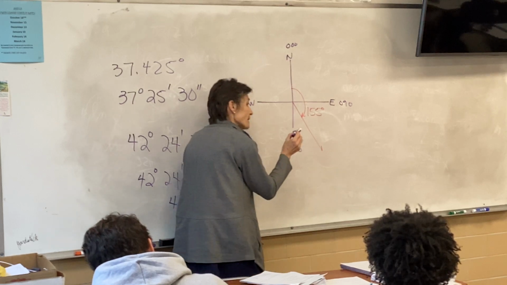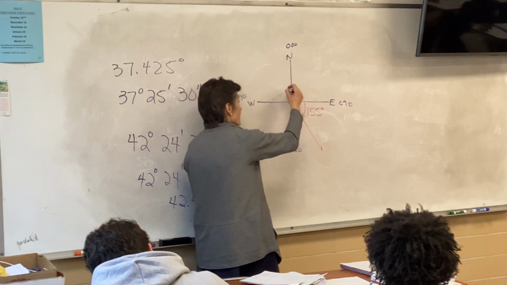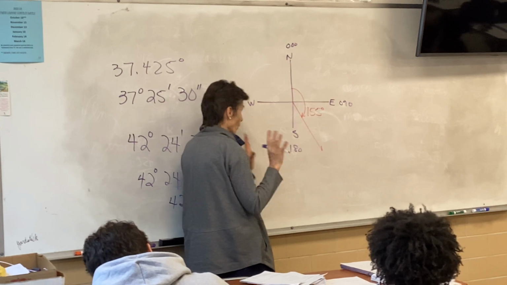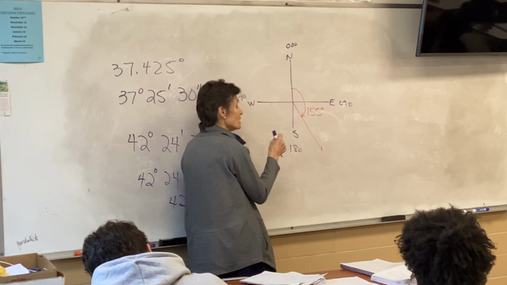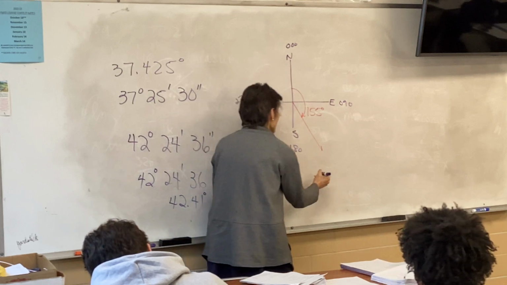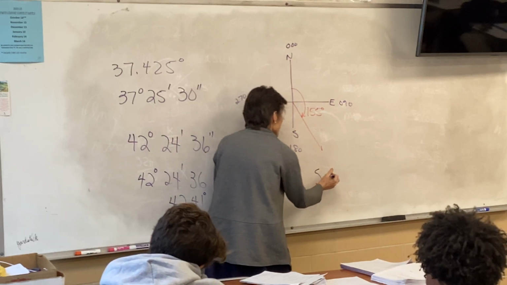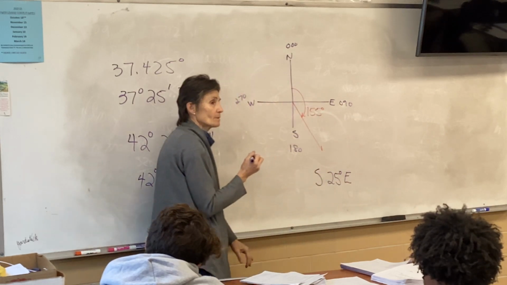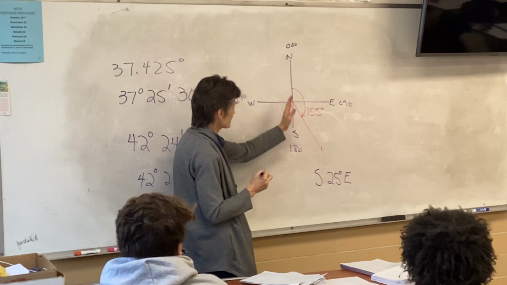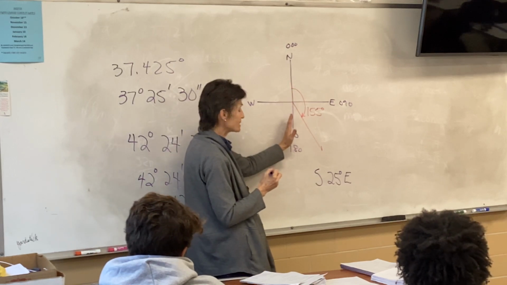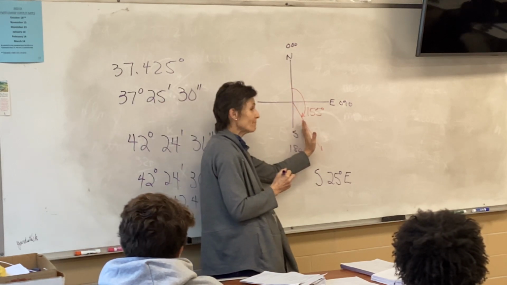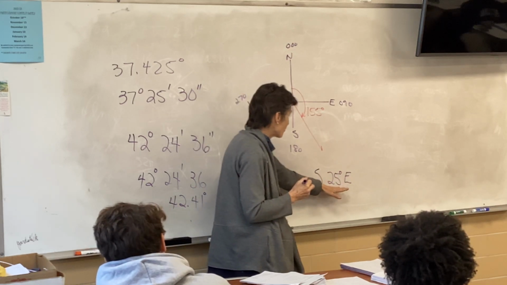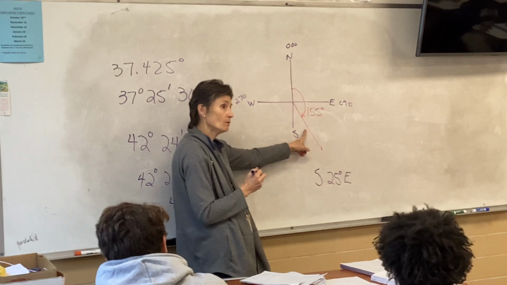And another way of indicating that, you can say a course of 155. That explains it completely. 155, there it is. You can also say south 25 degrees east. In other words, start out pointing due south and go 25 degrees to the east. Do you see how that would mean that same angle?